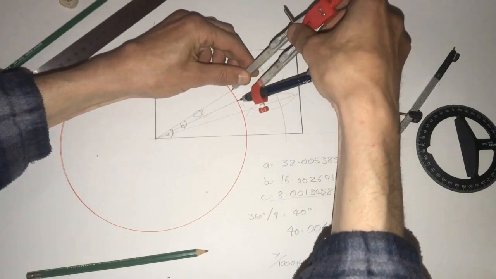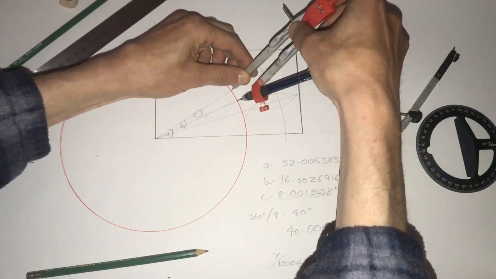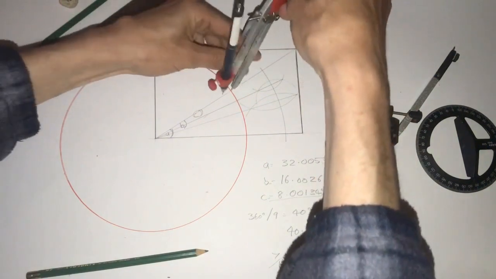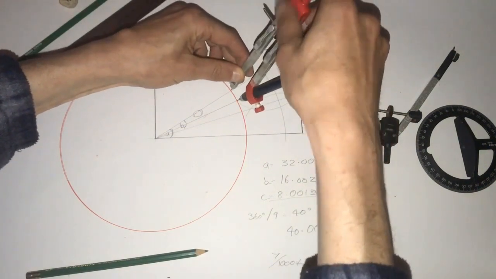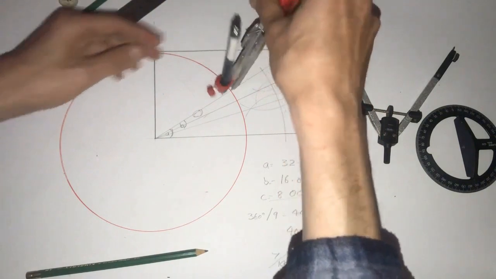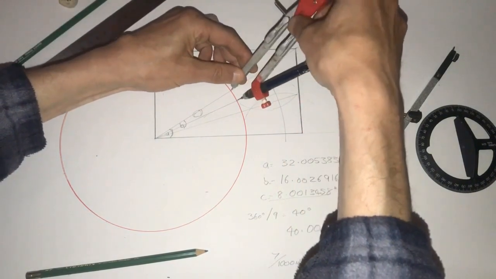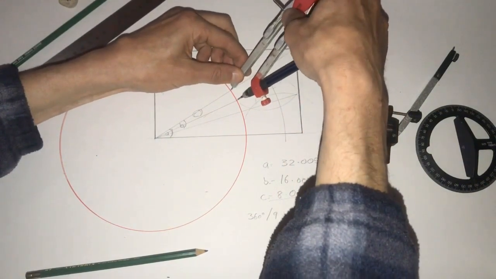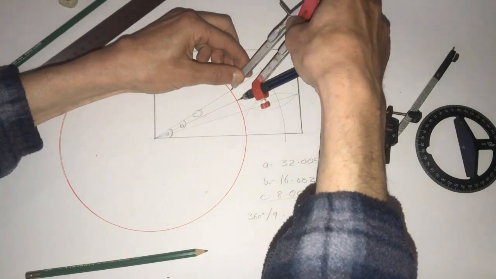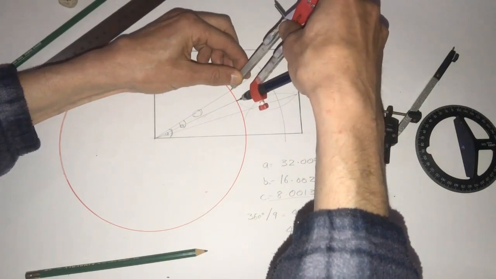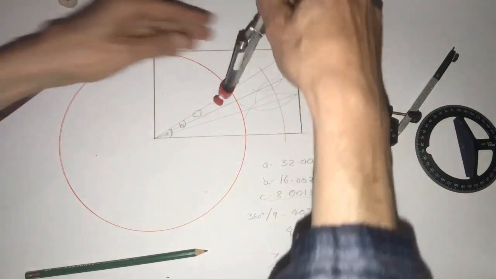Now, the shadow is confusing me a bit. Yeah, that should be. I want to get my point there. Okay, no, that's where the shadow of the point is. Okay.